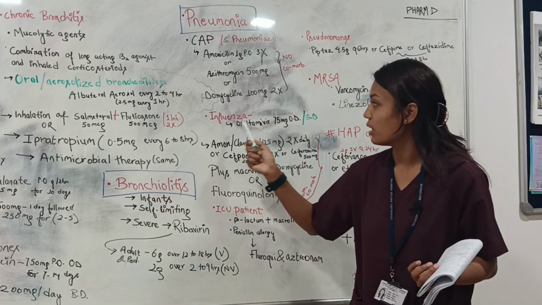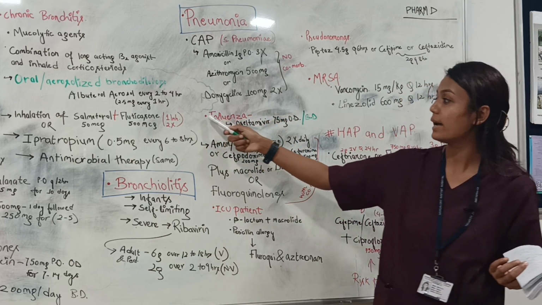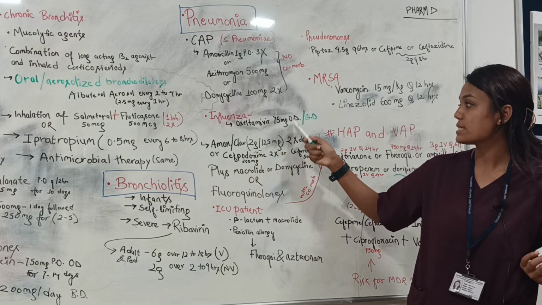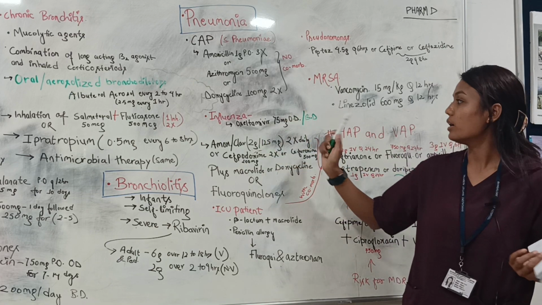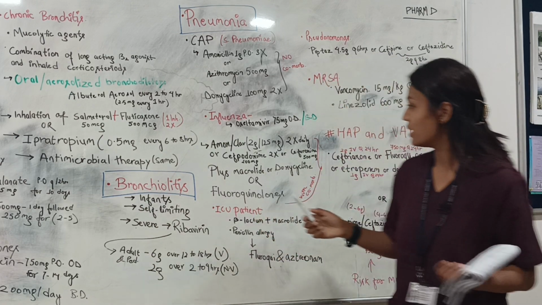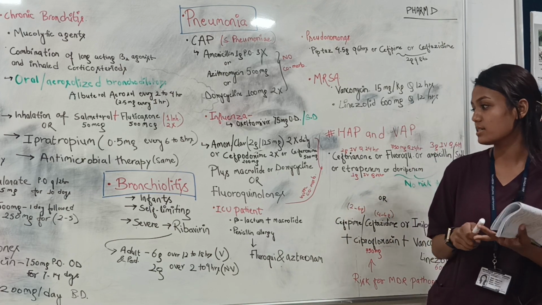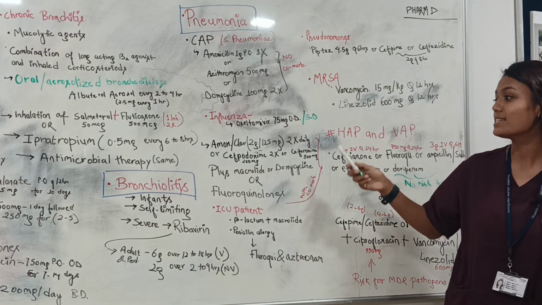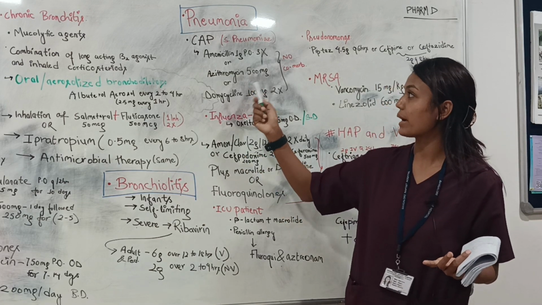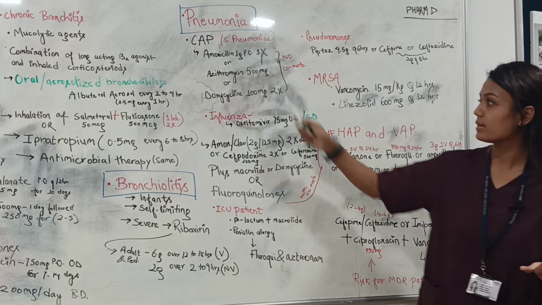Then in case of influenza, if the patient has the influenza organism, then we will use oseltamivir 15 mg once a day as a prophylactic, or twice a day for treatment. Then if the patient has comorbidities like diabetes, heart disease, or any kidney disease, then we have to increase the dose, and we can add macrolides like azithromycin, or we can add doxycycline in this regimen.